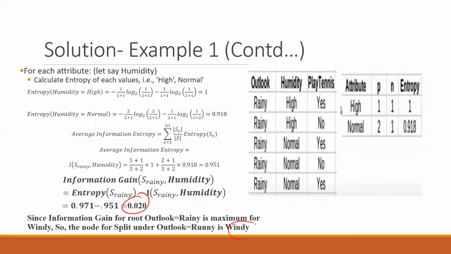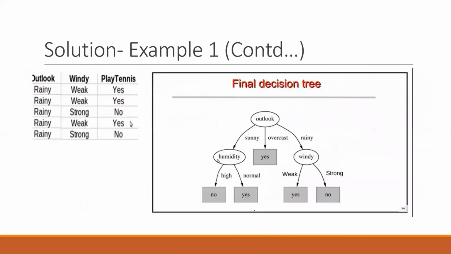Obviously windy wins, so we will make the decision on windy. If it is rainy, you will be taking the split through windy. If the wind is weak, the answer is yes, else the answer is no. That's what is being shown here.